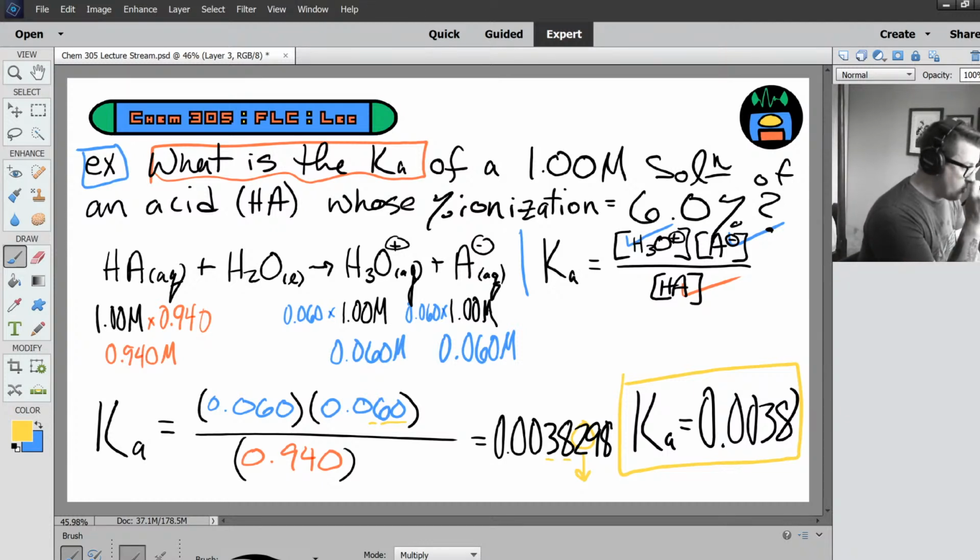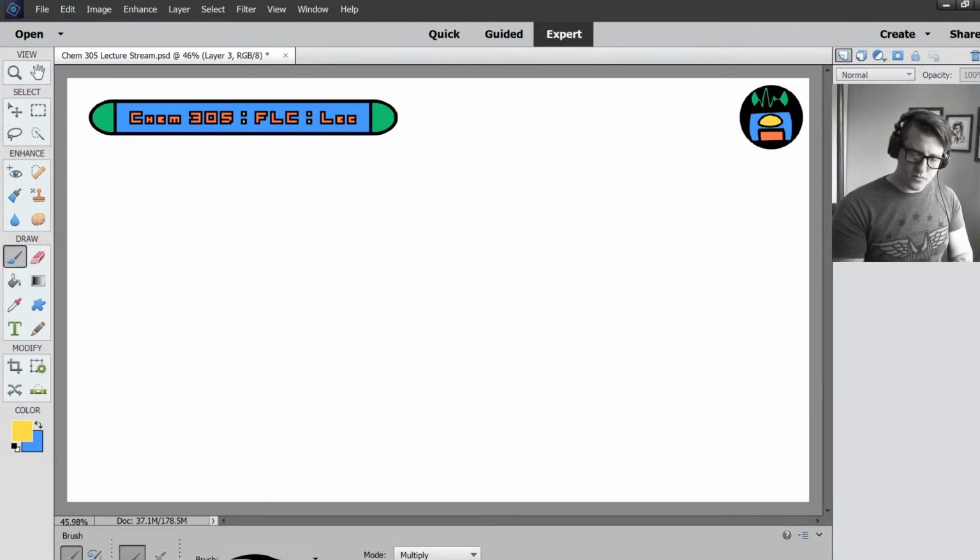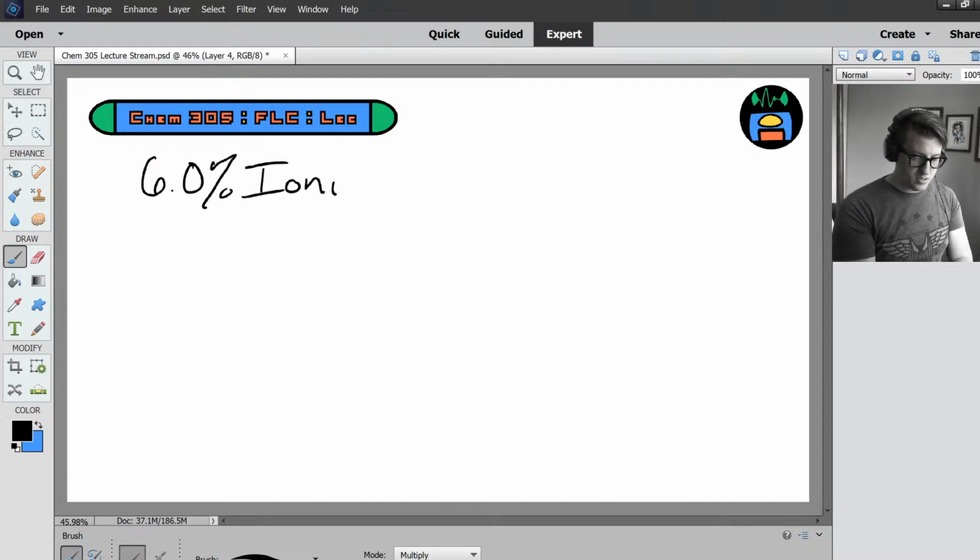Let's see, Kate, why are there 3 sig figs for the acid? Okay, great question. So here's the reason why. We have 6.0% ionization, right? But our acid remains associated.